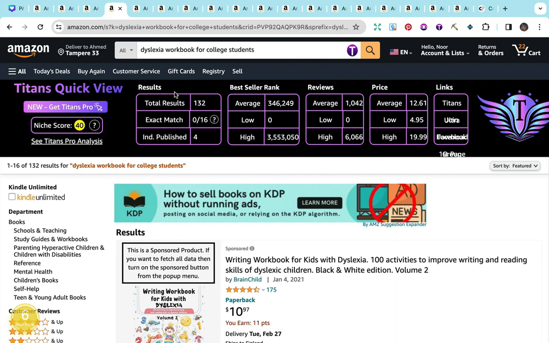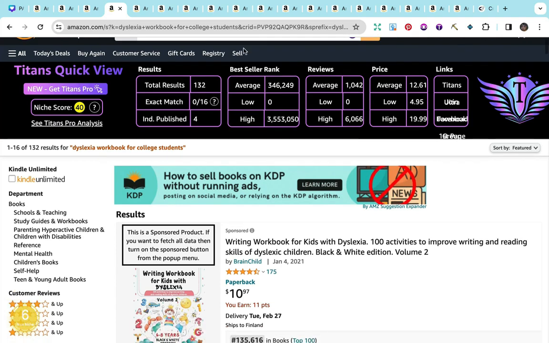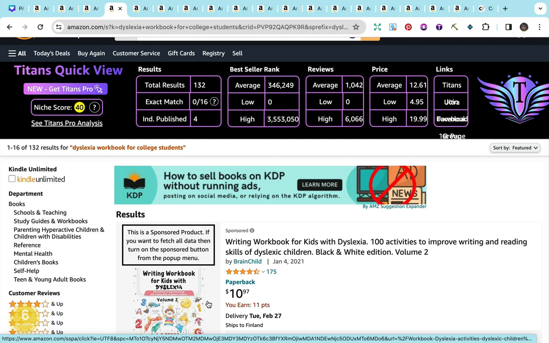And it is a dyslexia workbook, helping them with multiple things such as handwriting practice, maybe providing them tips and tricks to help them with memorizing, helping them with studying and so forth, activities to improve their reading, writing skills specifically for college students. So the contents will be much more detailed in this case.